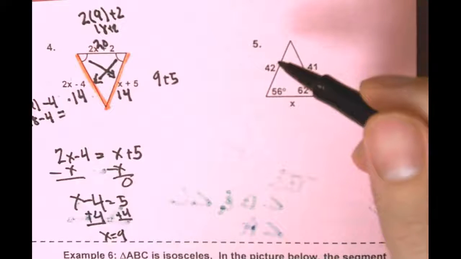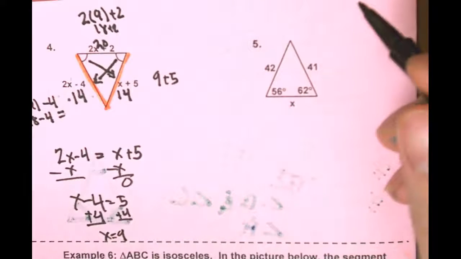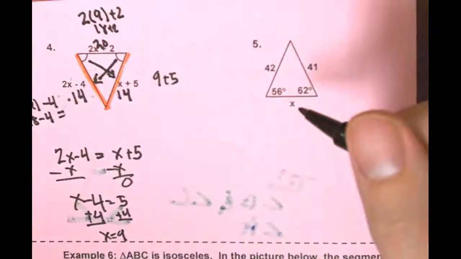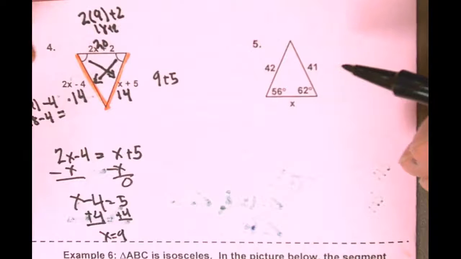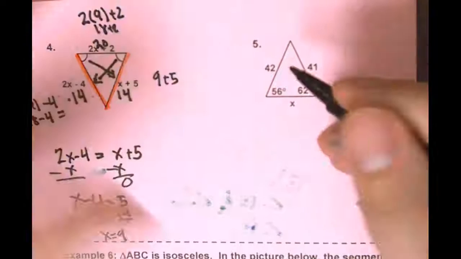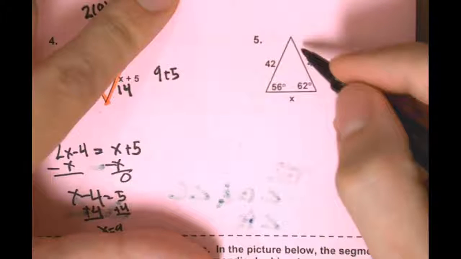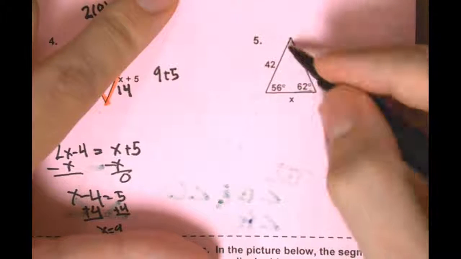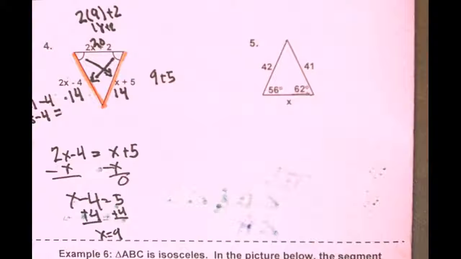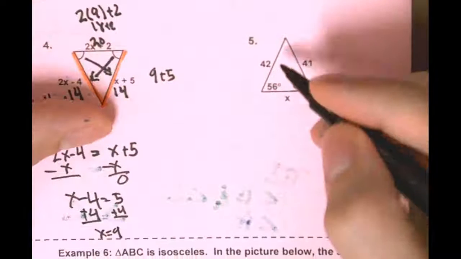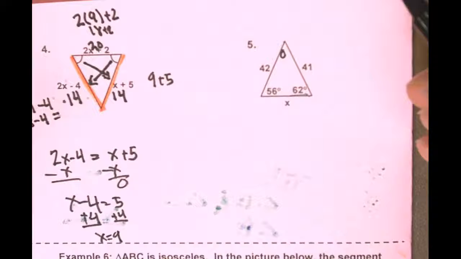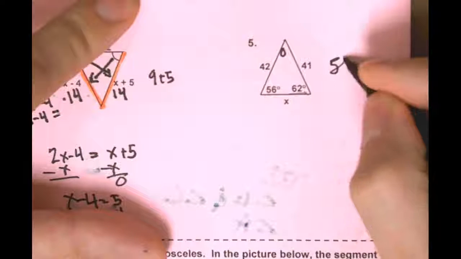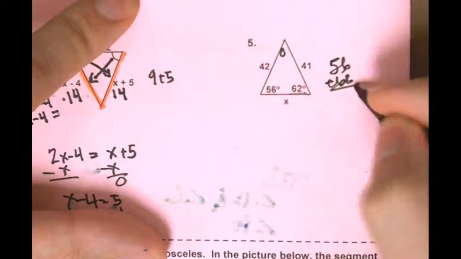Okay, last one. Unfortunately for us, we cannot figure out which one of these are our legs, we're trying to find x. We know these two are not legs to each other. So we know it's either going to be these two or these two. We need to figure out this angle in order to know which one it is. So in order to find that angle, you can add these two together. 56 plus 62.